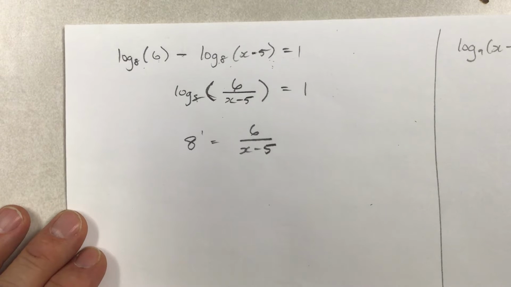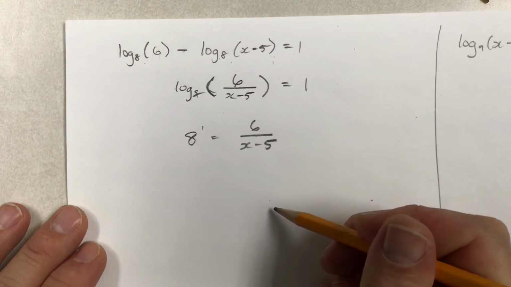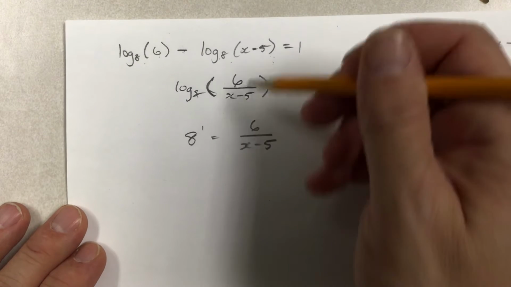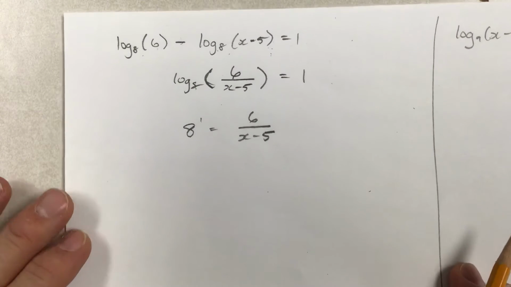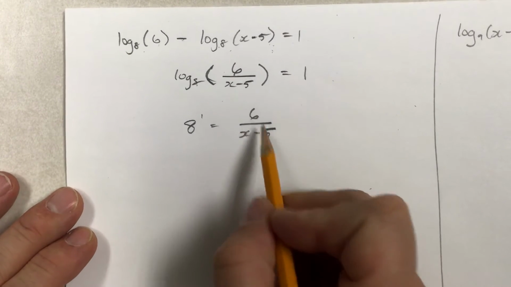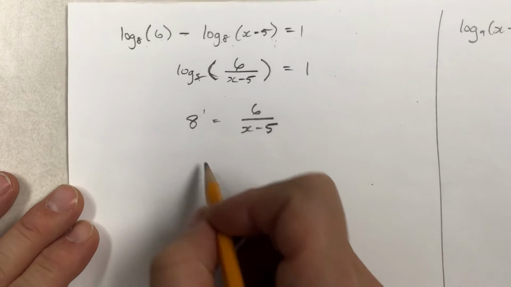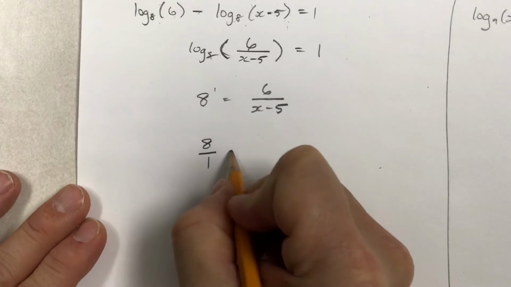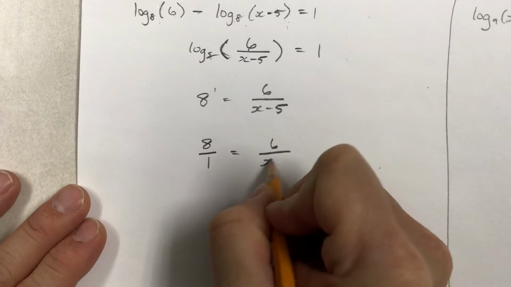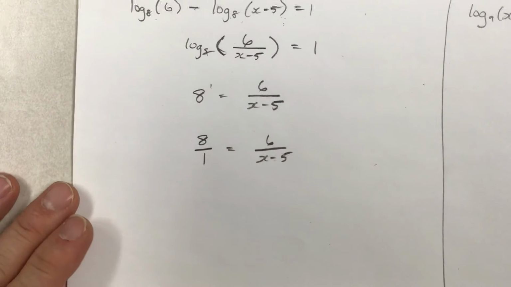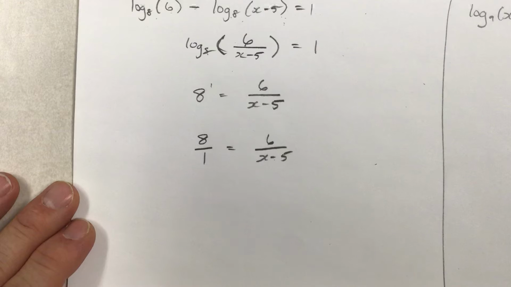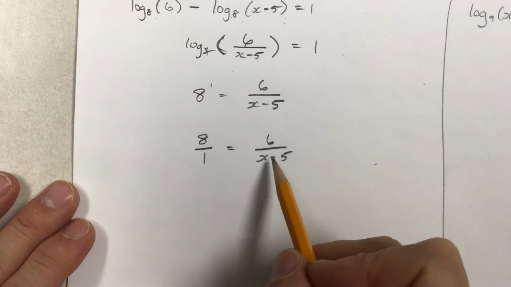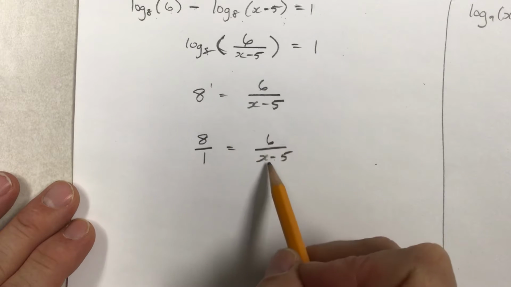Now, this is algebra from this point on. It's not logs nor is it exponentials. So let's do a little bit of algebra. The way that I would do this algebra is I would just rewrite this as 8 over 1 as a fraction, and this as 6 over x minus 5, also a fraction. And we can do the L technique, or the stinky guy rule.